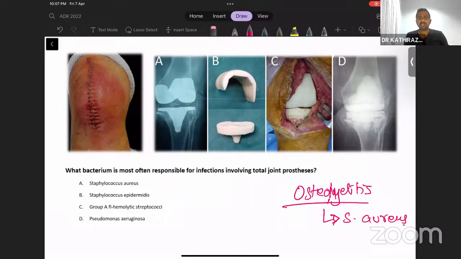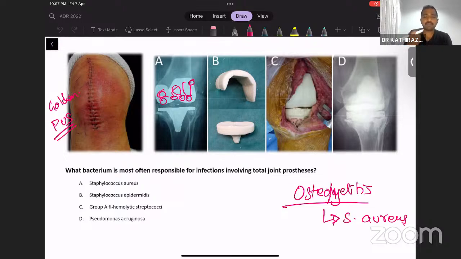But in this case of a low-grade infection in a joint arthroplasty, you are not seeing any golden colonies or any golden pus. It is a slow growing organism, growing around the prosthesis, forming a biofilm, and it wants to escape the virulence mechanisms of the body, so it tries to stay close to the metal.